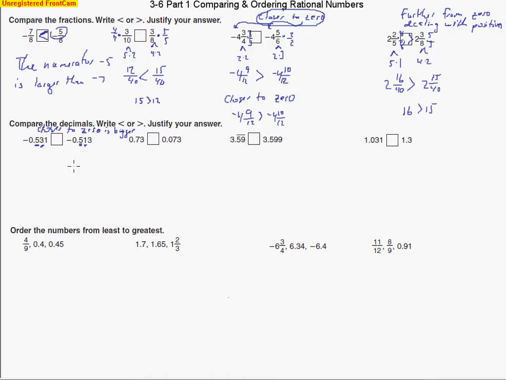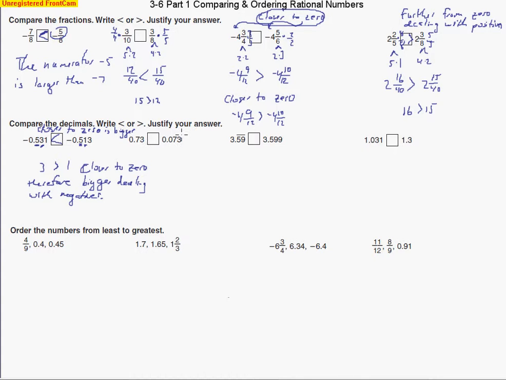So since 1 is less than 3, that means that 1 is the one that's closer to 0, therefore bigger, because we're dealing with negative numbers. So that's why I would say that negative 513 10,000ths is bigger than negative 531 10,000ths.